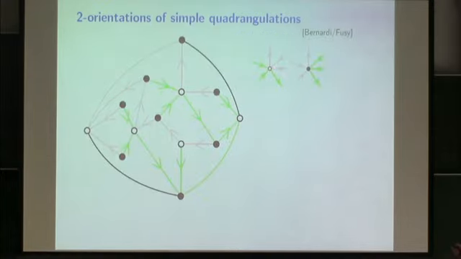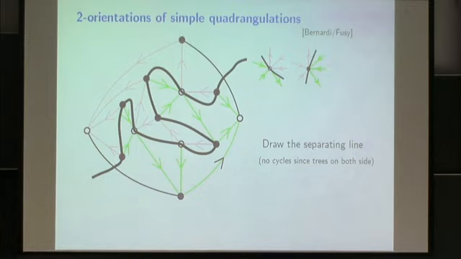So what I say is that this is really a separating decomposition, in the sense that it's very different from what I had on Schnyder woods, because Schnyder woods would cross everywhere. At every vertex, the 3 trees would cross. So this structure is behaving the opposite way. The 2 trees never cross, and they never cross to the point that you can actually draw the line that separates them.